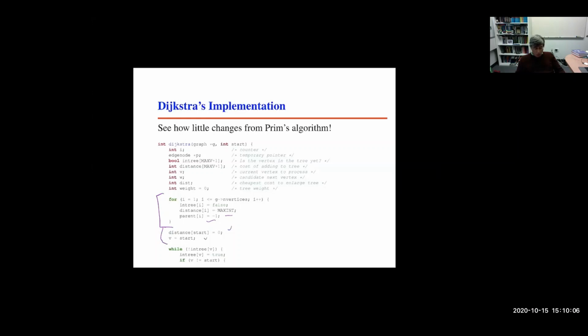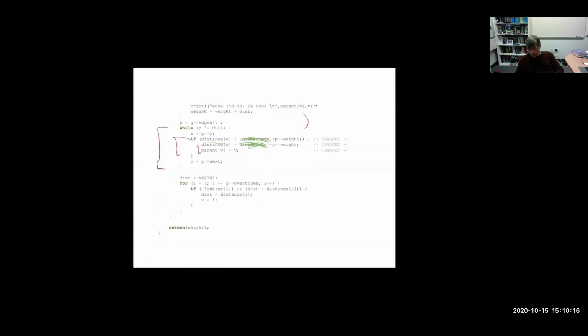Then, while V, the last vertex I have picked, is not already in the tree, put it in the tree, and then go through all its external edges and see if we can find a better way to some vertex that is not in the tree.